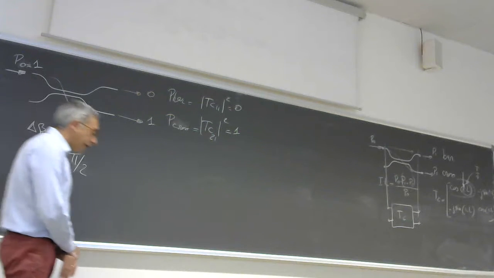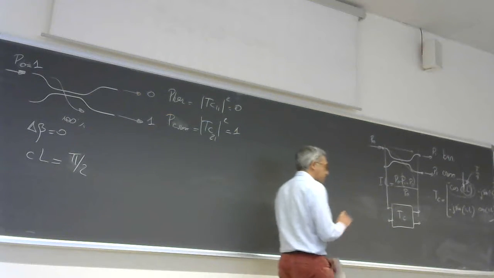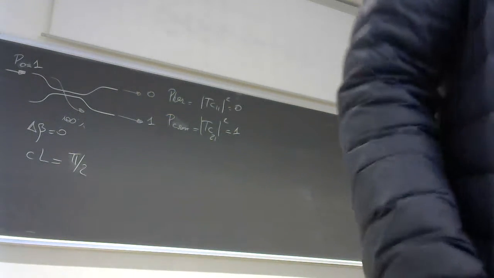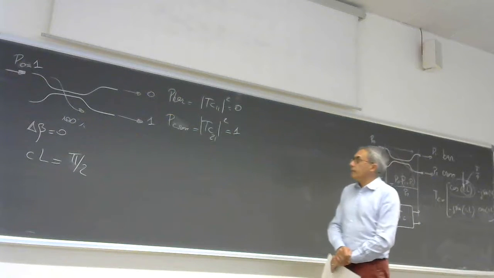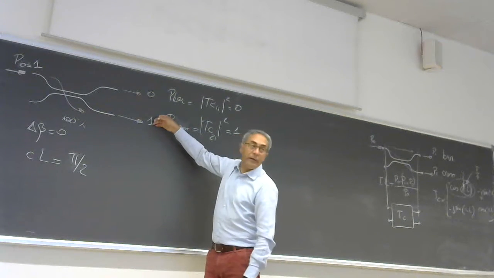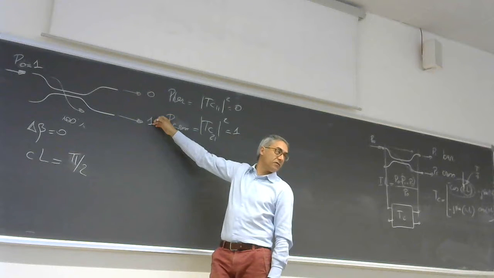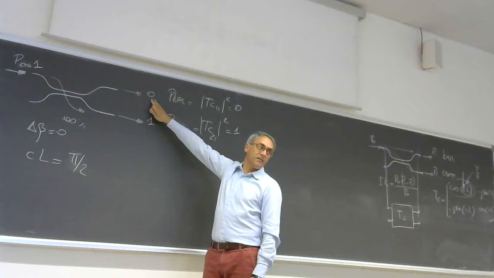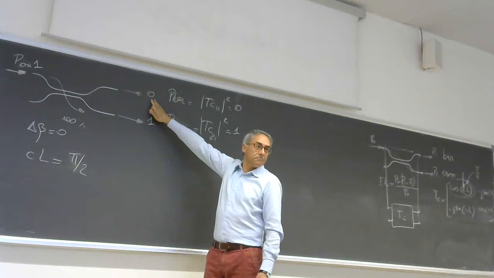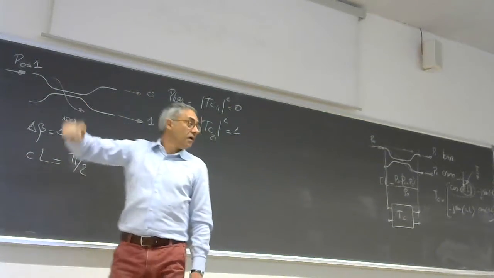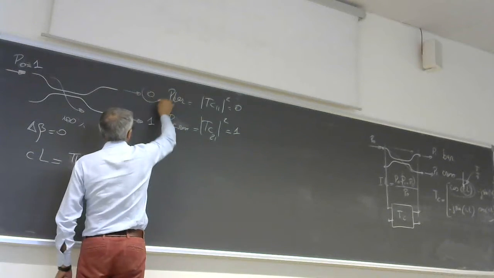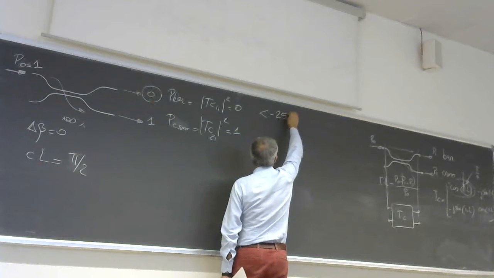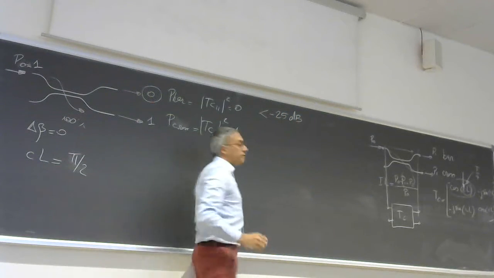Now the question is, how well do you have to control the product CL? It is clear from an engineer's point of view that this is a nominal condition, but you never reach this. Zero does not exist in our world. It is a small number, but it's not 0. So assume you accept here every power lower than minus 25 dB.